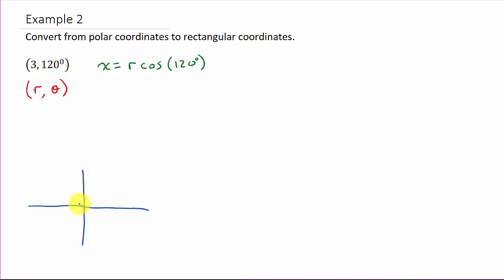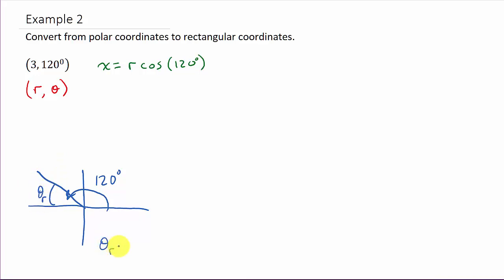All right, so let's draw 120 degrees, which is here. There's 120. I need my reference angle, so I'll use a subscript r on it. Some books use different symbols to represent the reference angle. I'll just use the theta with the subscript r.